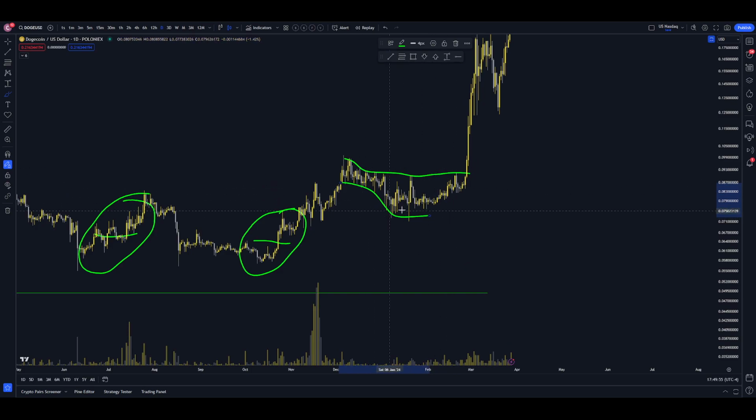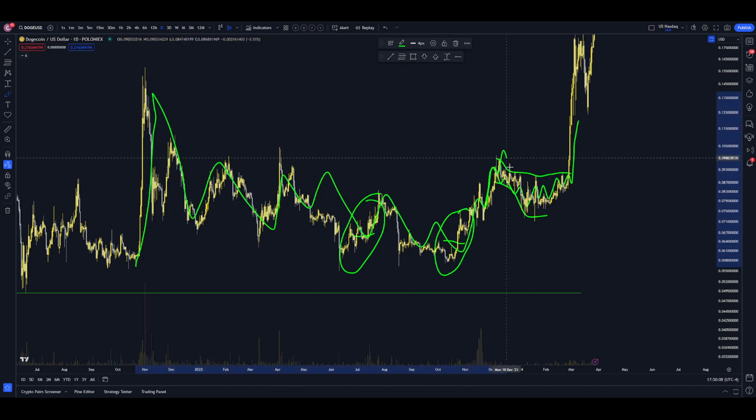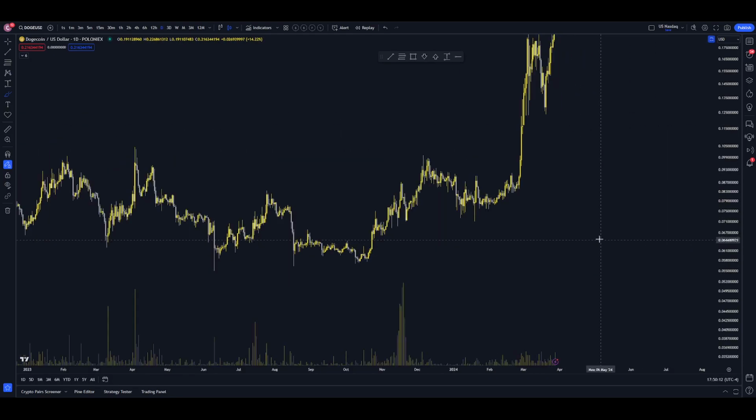And it's funny, this is kind of the same setup that we're seeing in this whole region here, right? Big move up, little downtrend, breakout, and run. Big move up, little downtrend, breakout, and run. It's like a move inside of a move, if you will.